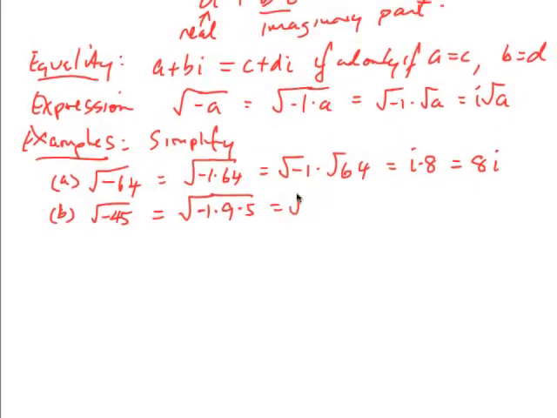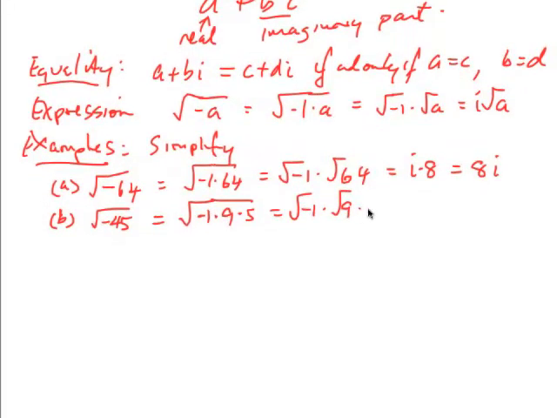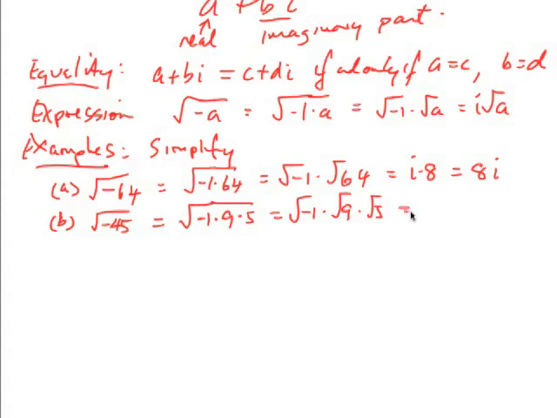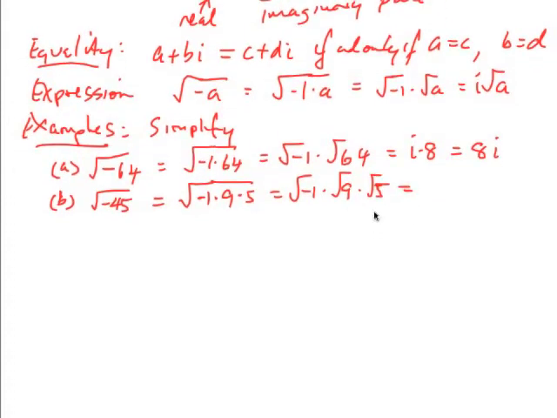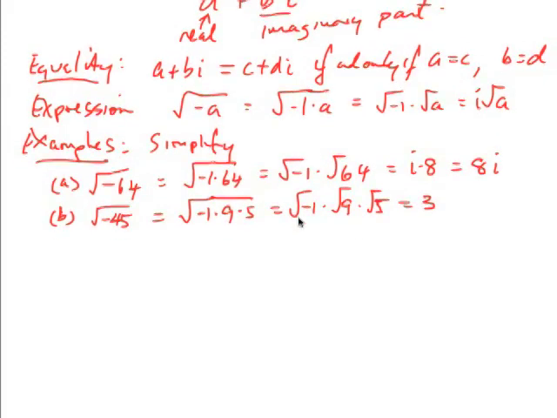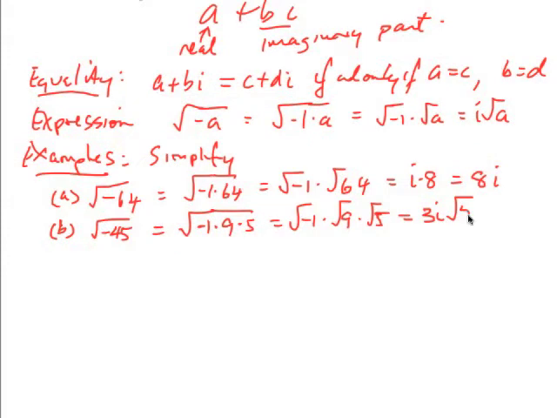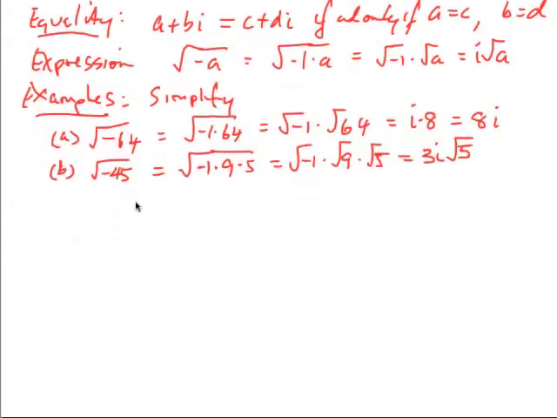So this would be the square root of negative 1, and I'm breaking this right down, square root of 9 by the square root of 5. So we end up with 3 here, always put that number first. Square root of negative 1 is i, and we can't simplify the square root of 5 any further, so that would be our result.